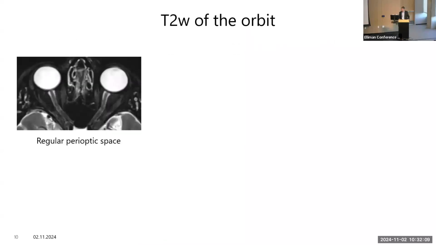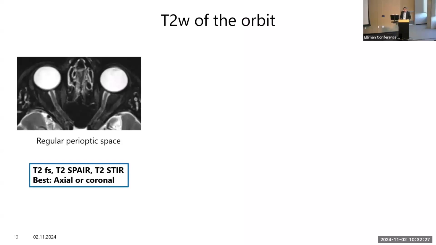And then we have the T2 of the orbit. This is a quite new sequence in the workup for SIH. We are looking here at the perioptic space, and this represents the intracranial pressure in a very sensitive way. We need some special sequences for this.